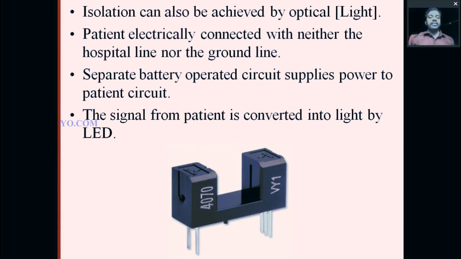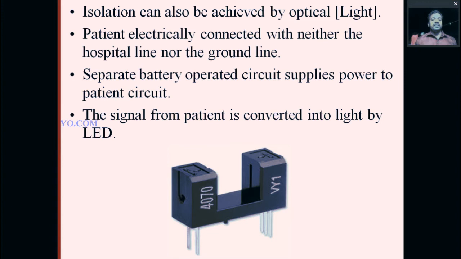On the high voltage side we are using high power, 230 volt. On the low voltage side we are using a 12 volt or 9 volt battery, a very low voltage. That low voltage can drive the electrodes and the LED or laser diode.